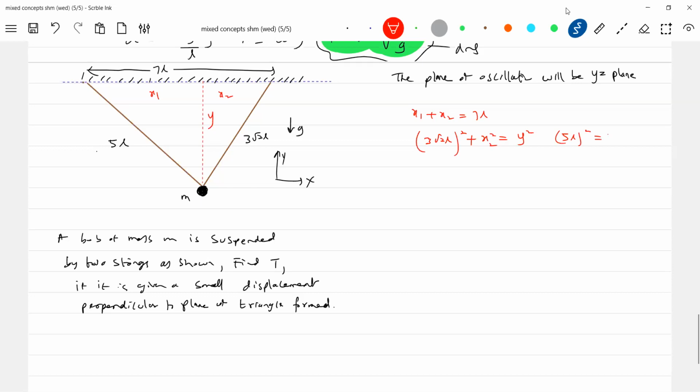(5L) whole square should be equal to x1 square plus y square, looking at the other triangle. Two equations, two unknowns are there.